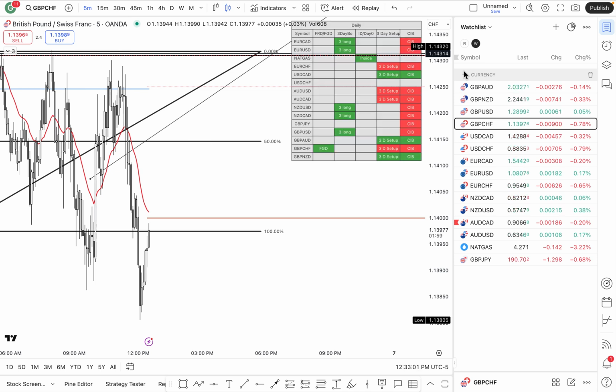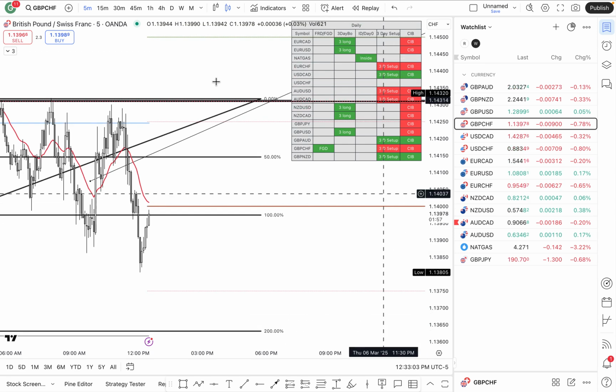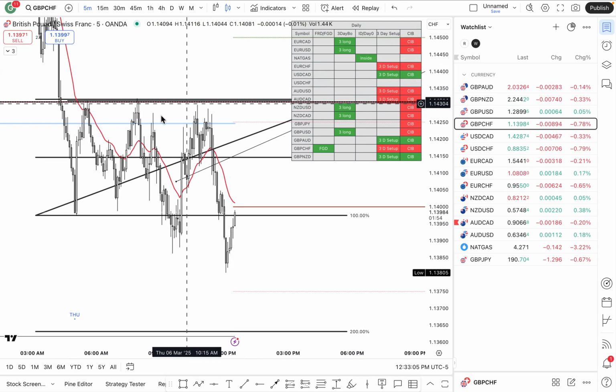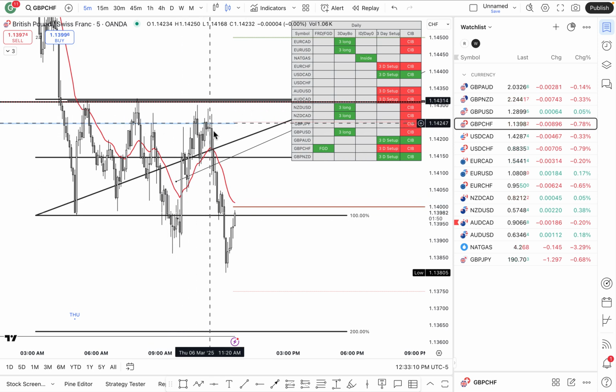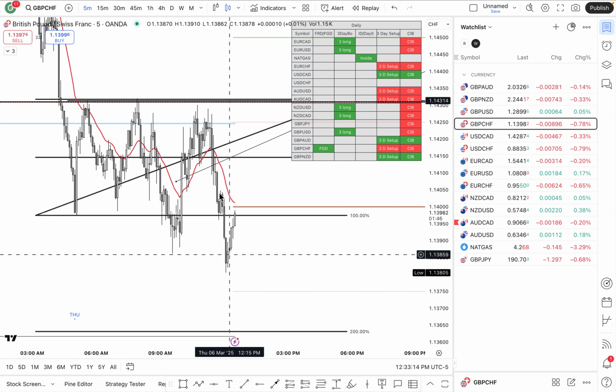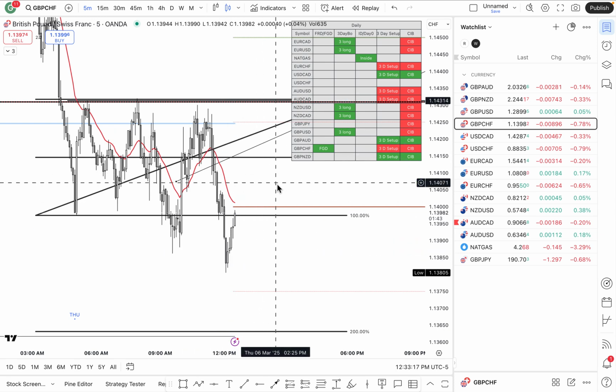Now as you can see, a very good scalp trade. We sold, we pulled back, we sold again, good profit in the market. We've closed out. This market will then evolve to a fresh red deal.